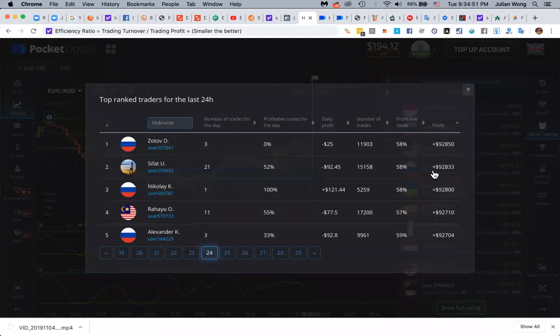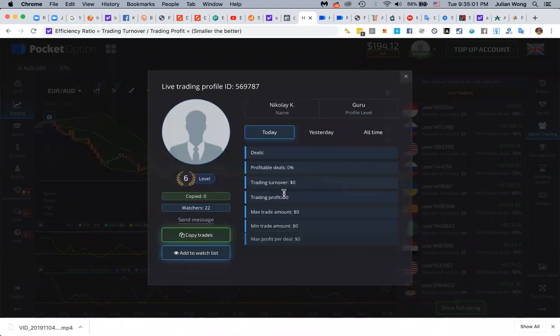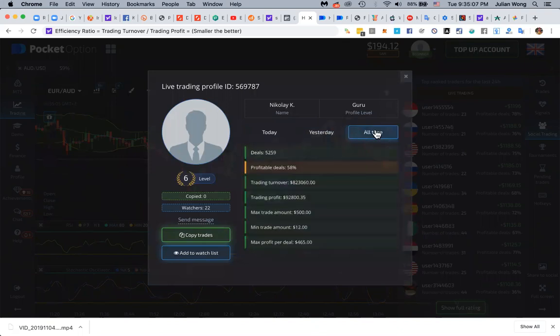There are a lot of very high volume traders, but we want those who are consistent. So let's check out this guy. About 8 times, or 7+ times. But he martingales, so I think probably not.